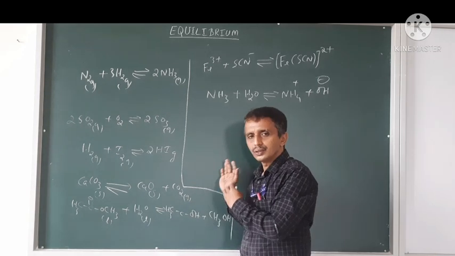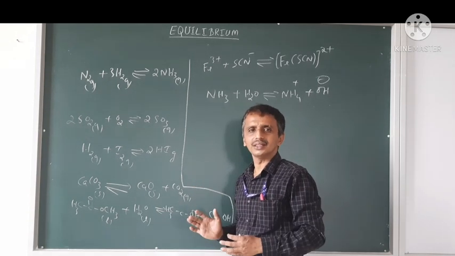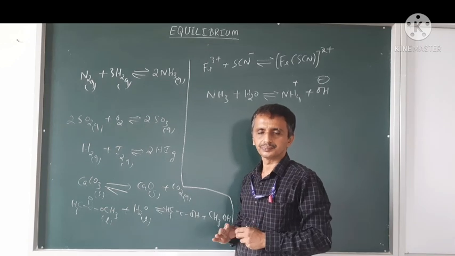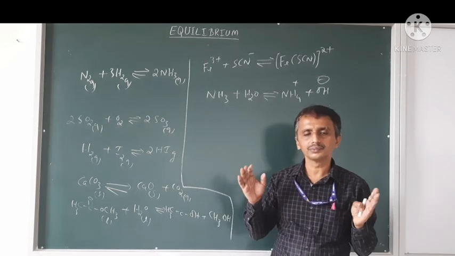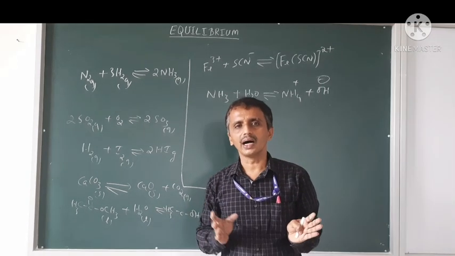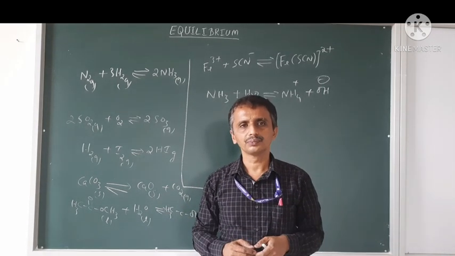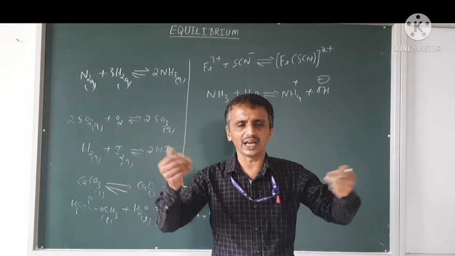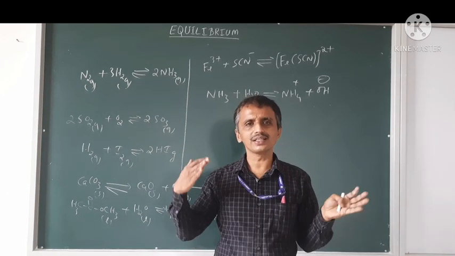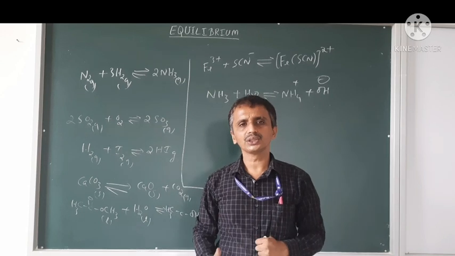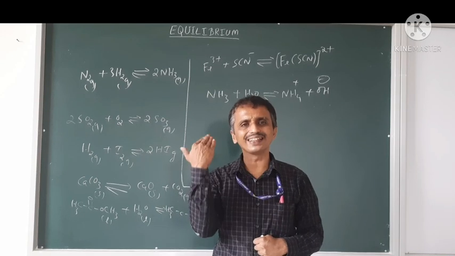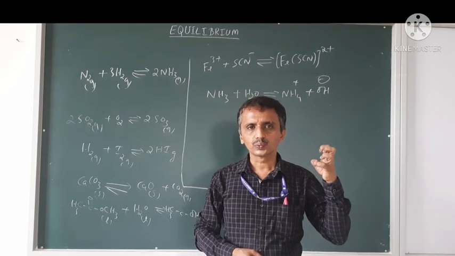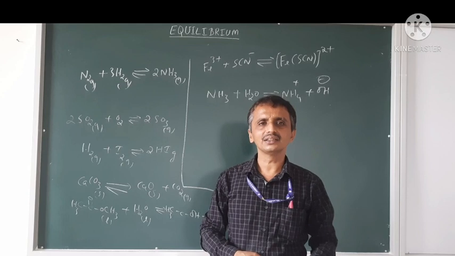So, we'll study the concept of ionic equilibrium. When I study this, I should know what is the meaning of an electrolyte, a non-electrolyte, what is the meaning of an acid.